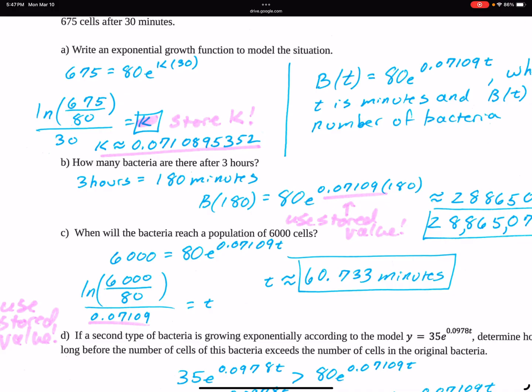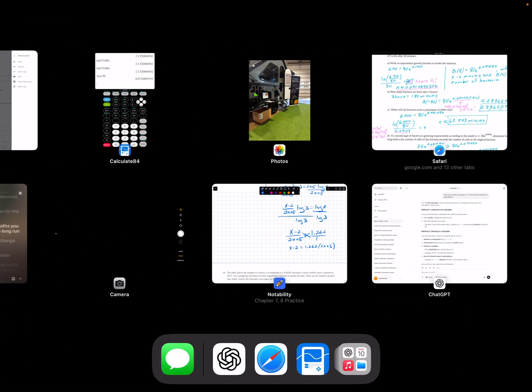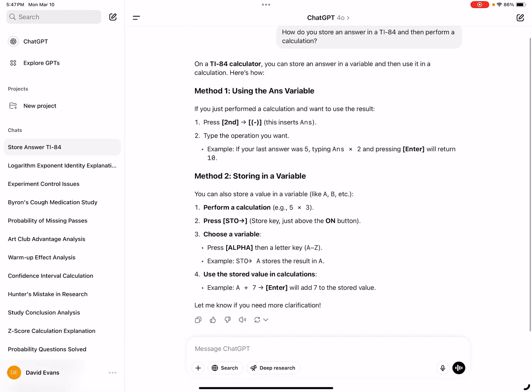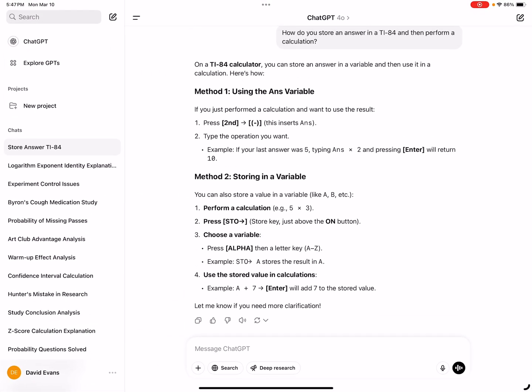Wait, how many bacteria are there after 3 hours? So 3 hours is 180 minutes. And then B equals 180. Okay, I want to see store a variable. Storing a variable, you can also store, just above beyond, choose a variable, alpha.